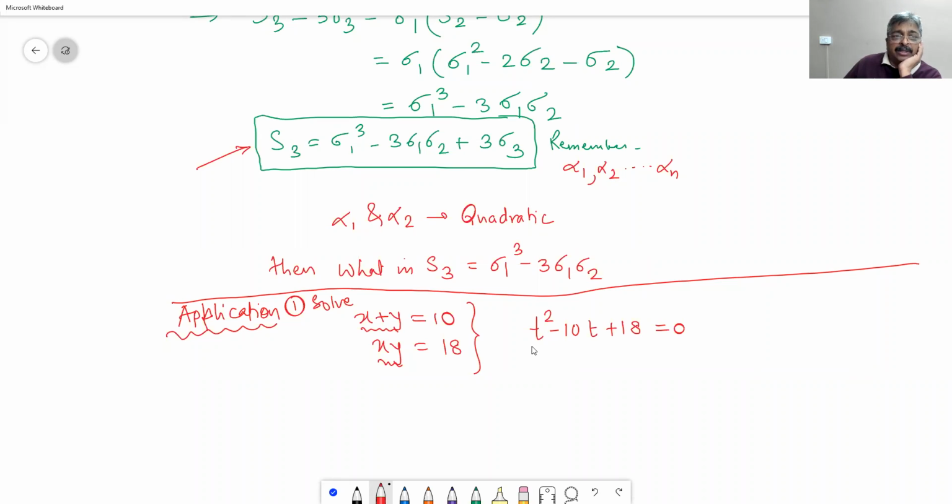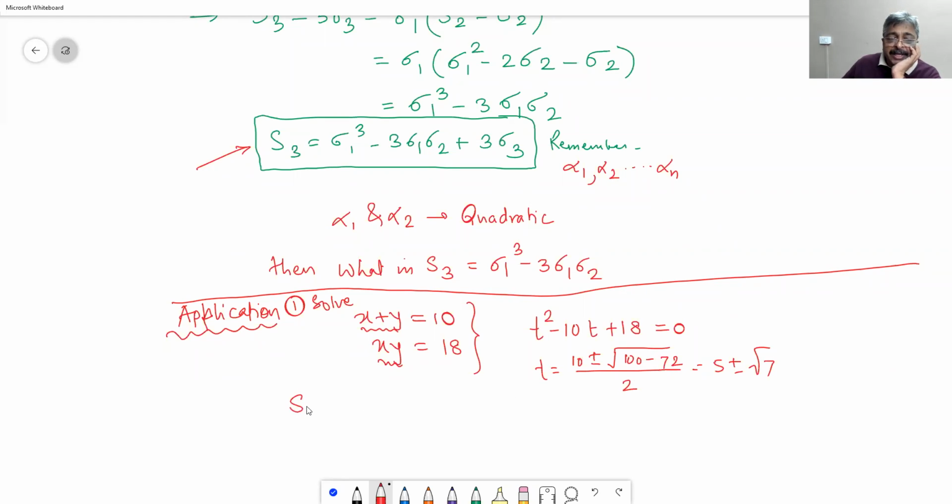Maybe I will assign one to x, another to y. So t is equal to 10 plus or minus under root 100 minus 72, by 2, which is 5 plus or minus root 28 by 2, so root 7, 2 gets cancelled.